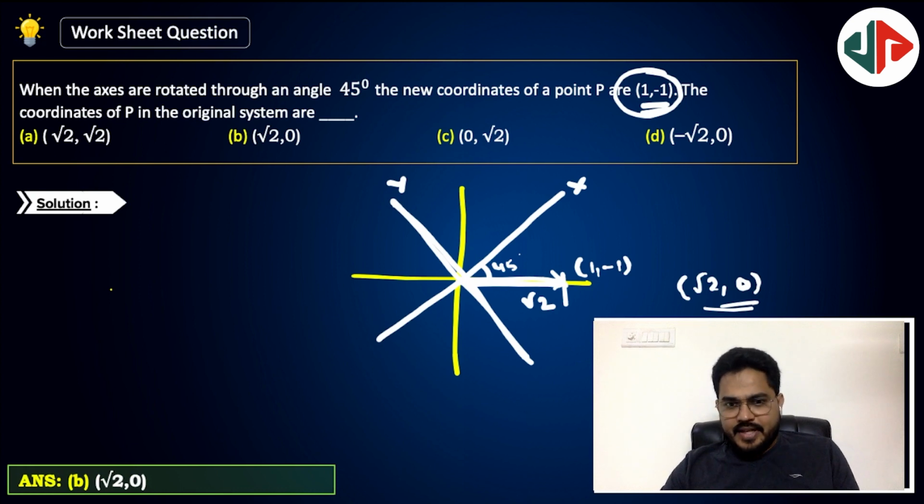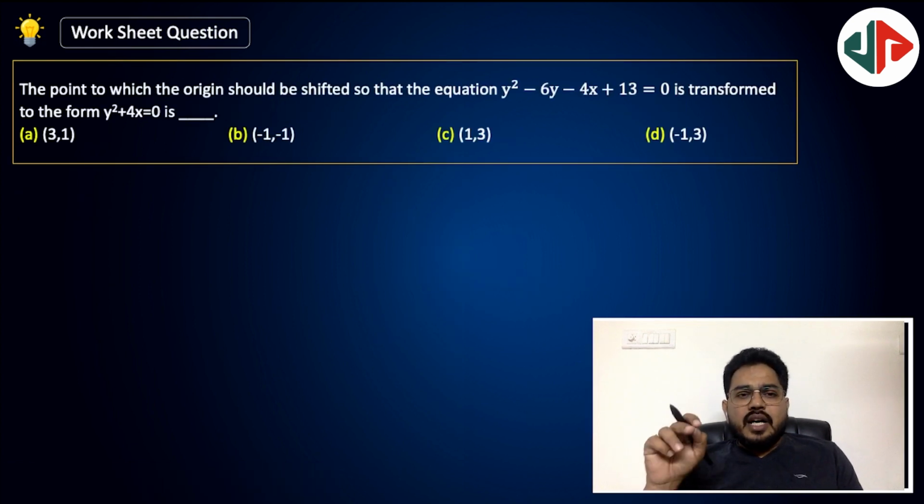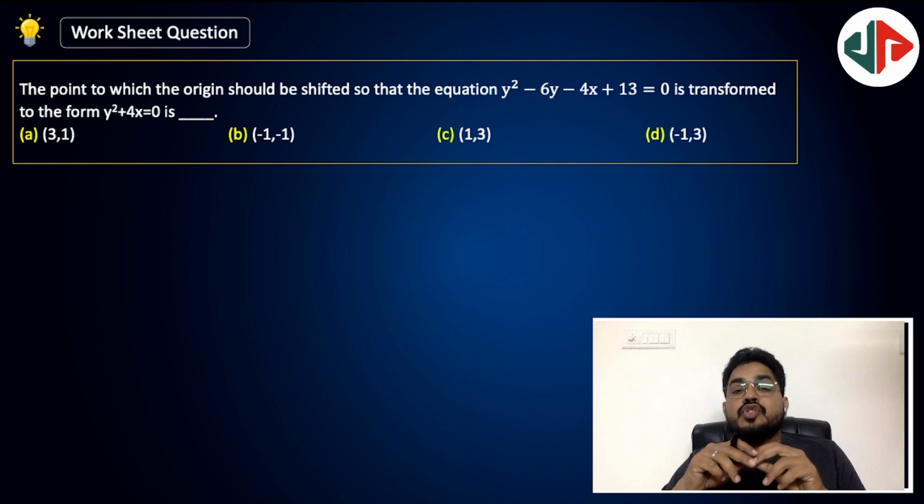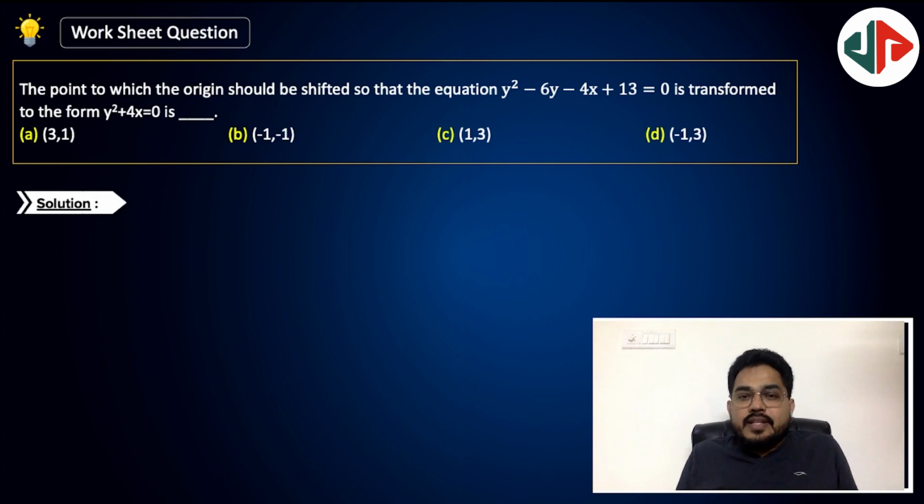Right. The point to which the origin should be shifted so that the equation is transformed into the form y square plus 4x is equal to 0. So this is y minus 3 whole square minus 4x plus 4 is equal to 0.